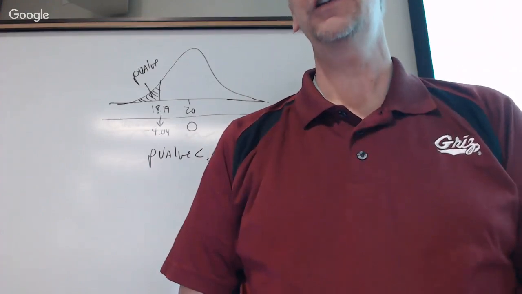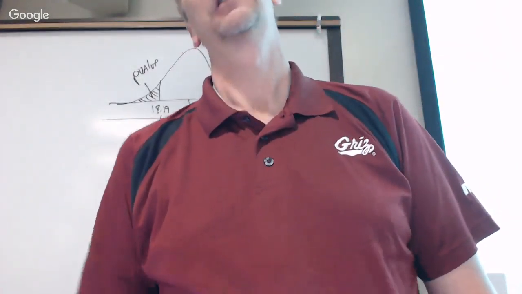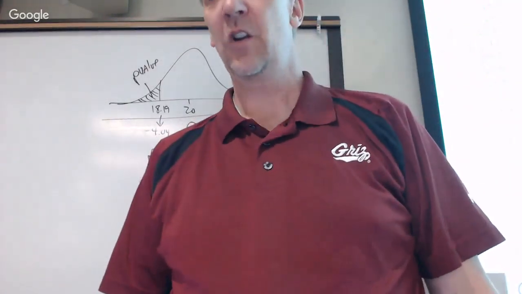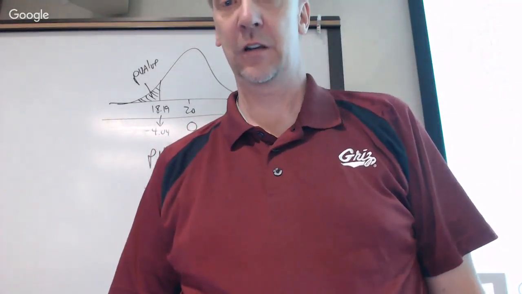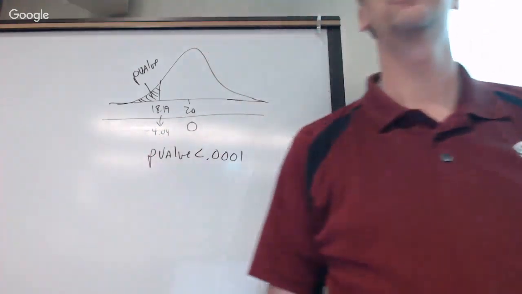It's a good thing you got Bettina helping you out. That should be stamped in your brain. NORM.S.DIST of what? Negative 4. Thank you, Chandler, Bettina.